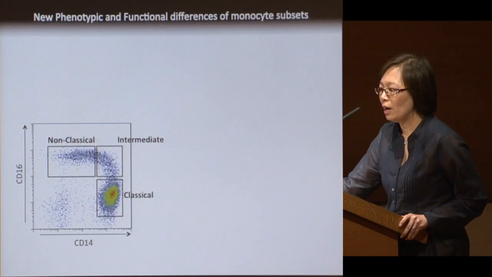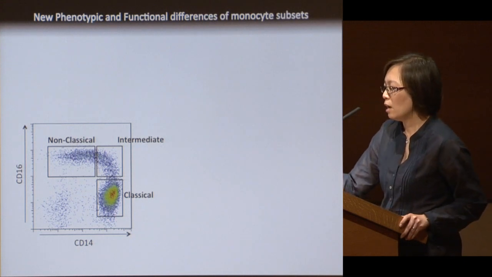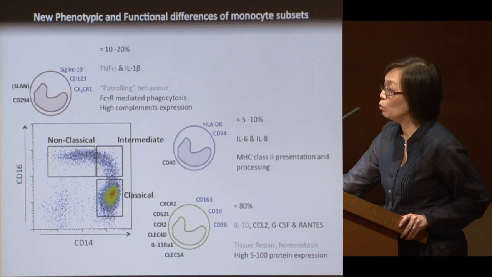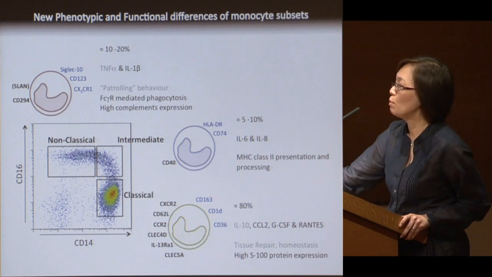So based on what we have done so far, characterizing the three monocyte subsets, some of the new information that we now know about these three populations is summarized here.